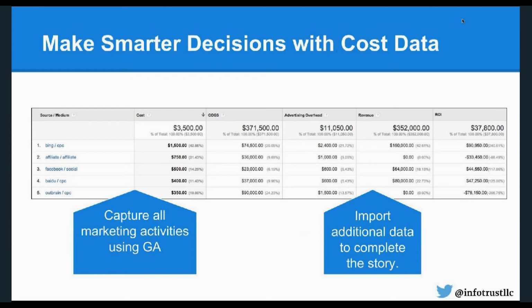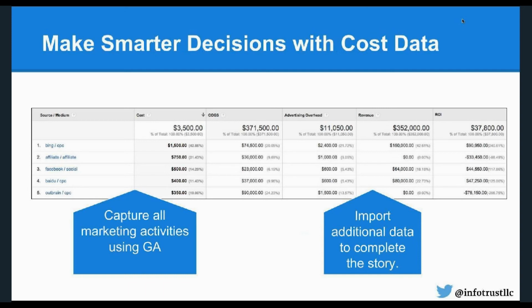We actually built a tool for that, to automatically upload all cost data into Google Analytics. So again, the data can tell us a more accurate story. Now we look at all marketing channels and we can see not just how many visitors they brought, but the cost, how much money we spent across each marketing channel. Then we bring in a metric that Neil alluded to at the beginning, cost of goods sold.